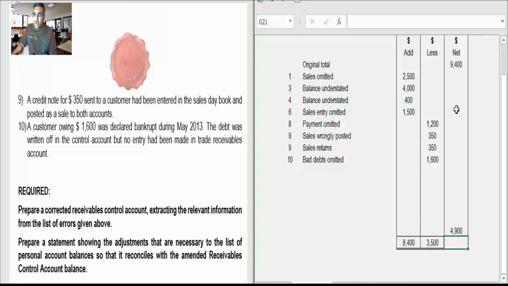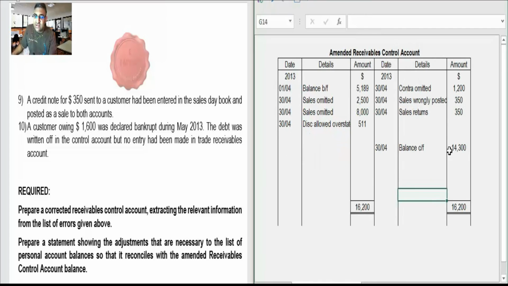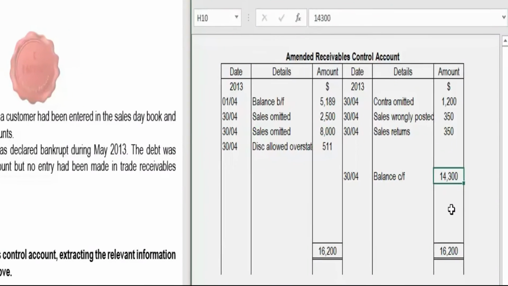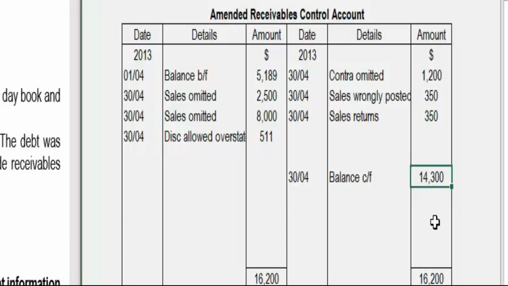And for 9,400 added to 4,900 gives us 14,300, which is our new total as per the statement of reconciliation. And as you can see, it correctly tallies with that of the amended receivables control account.